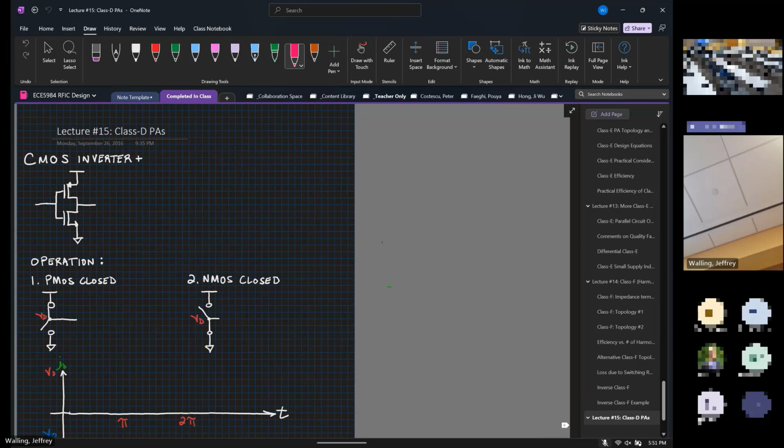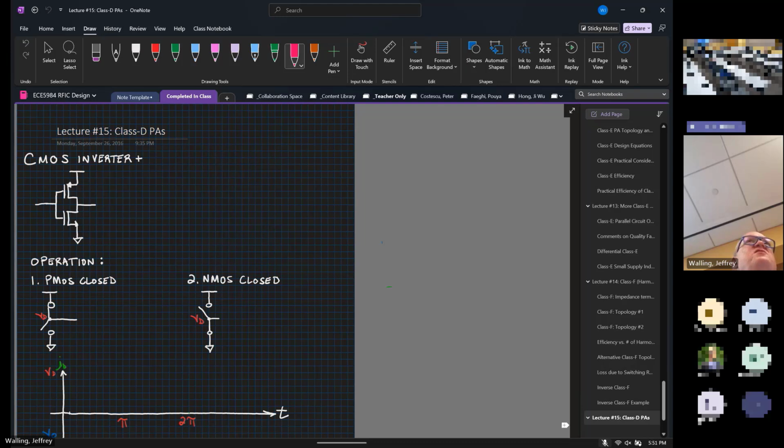Now, one of the things that you'll notice in the literature is that people try and come up with names for power amplifiers all the time because it's the quickest way to fame and fortune if you come up with a new class of amplifier. But it doesn't necessarily mean that everything that you come up with is true to the definition. So case in point, there are a few amplifiers, and we might talk about them later on in the class.